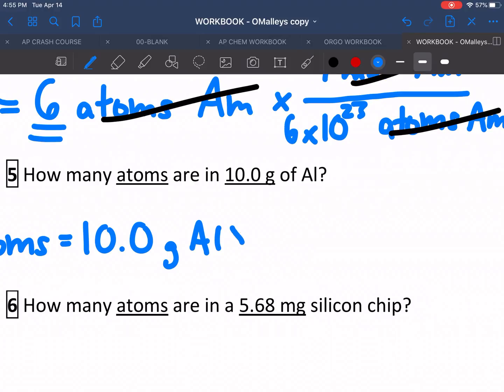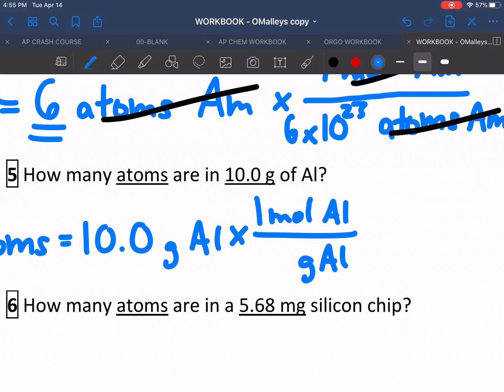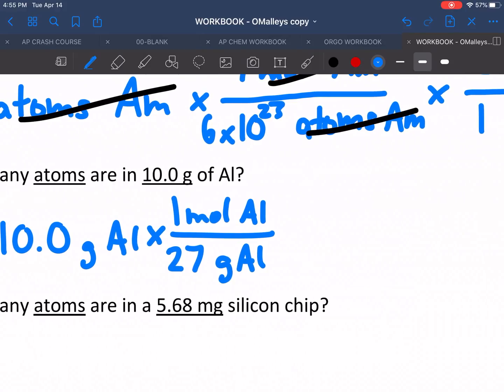So the first thing I do is write a fraction. I put my mass of aluminum. If I don't know where to go, I'll try to go to the mole. In 1 mole of aluminum, there are 27 grams of aluminum. That's based on the periodic table when you round to the nearest whole number, which aluminum is pretty close. And then another fraction, I'm in the mole, so I'm going to get out of the mole and then get into atoms.